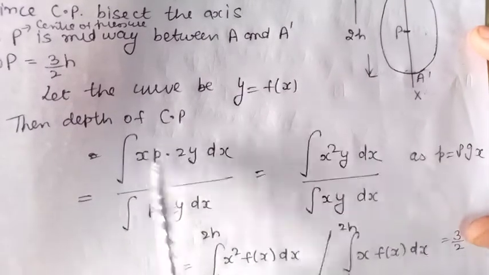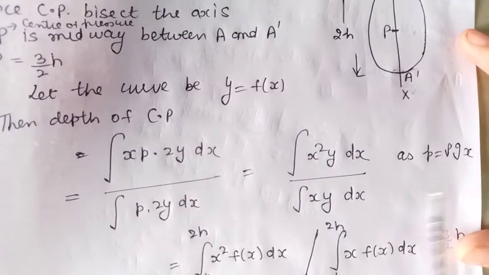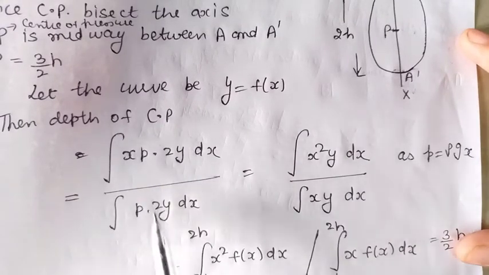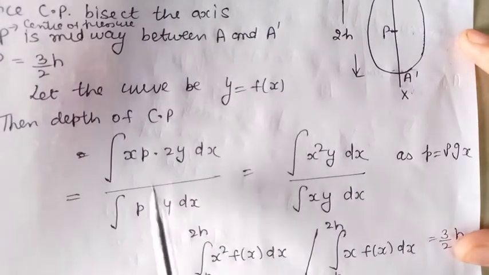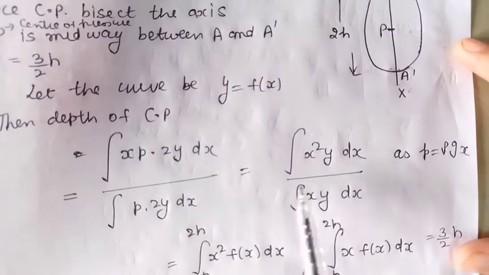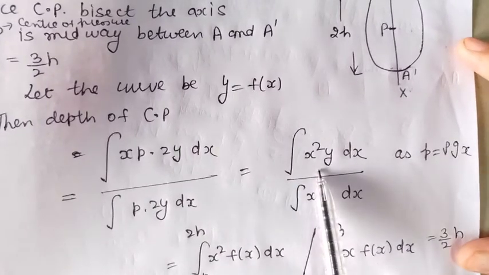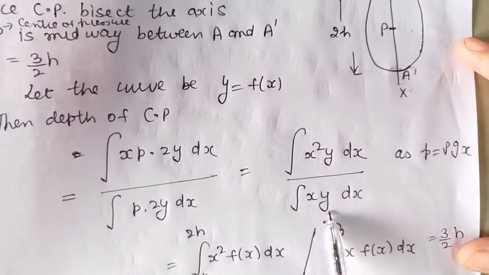Now pressure is rho into g into x. Putting the value in the numerator as well as the denominator, the terms 2 rho g will be cancelled from both the integrals. So we get integral x square y upon integral xy.